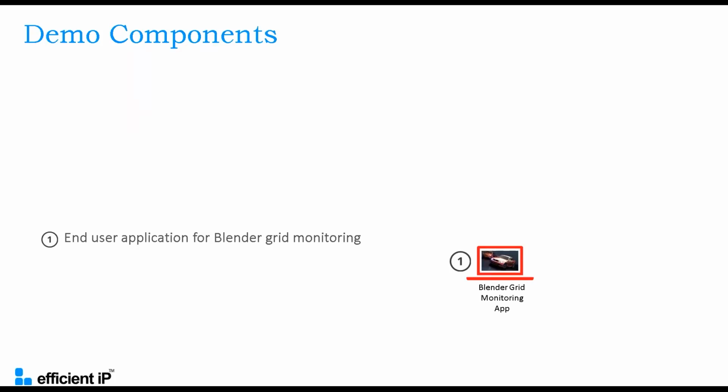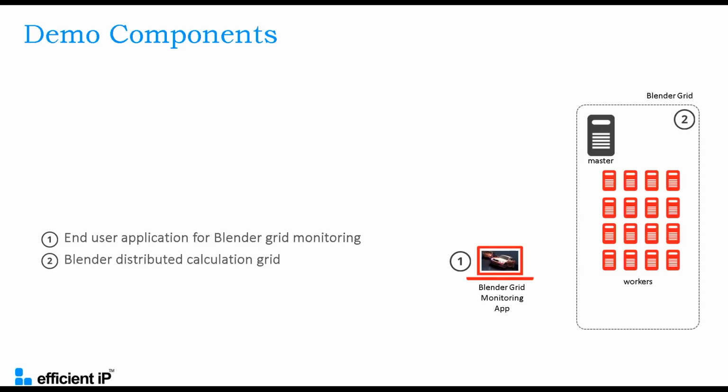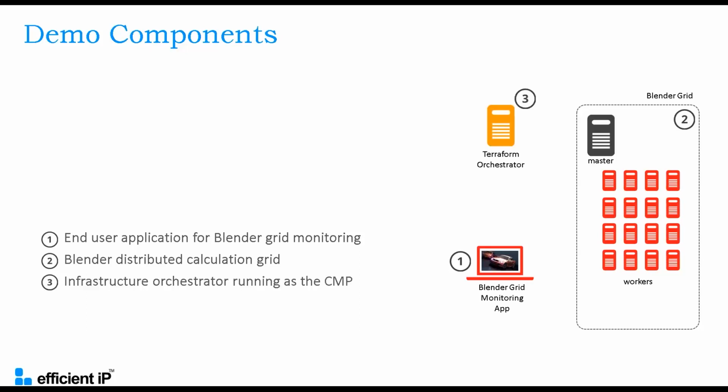So we have that in the form of the Blender Grid Monitoring app. We have defined what our distribution grid will be. So we've had to set a little bit of configuration for Blender just to let it know what its potential scope is. We've defined our infrastructure orchestrator as being Terraform.